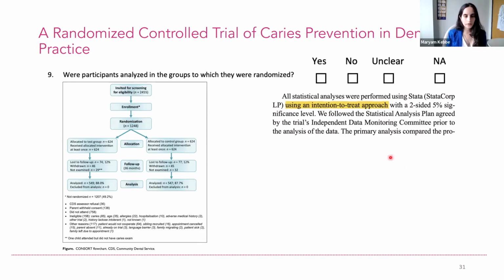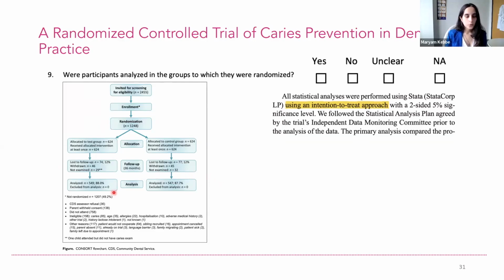But if you look further in the manuscript and you actually look at your flow chart here, I'm not sure if this is visible, but over here you have your randomized participants. 1,248 children were randomized to the test or the control groups. And then as we saw in the previous question, there were some withdrawals and there were some participants who were not examined for one or another reason.